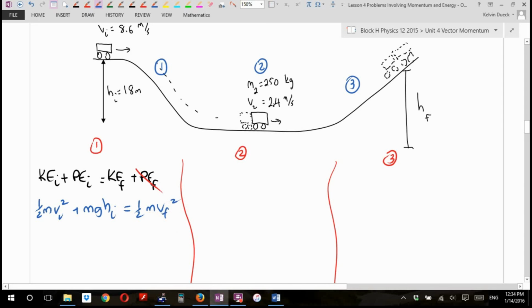Is the mass the same in all of them? Yeah, because this is before the collision. So I think I can go, yay. What am I trying to find? The speed at the bottom of the hill before the collision. I'm going to do the trick of times by 2 so that those 2.5s cancel.